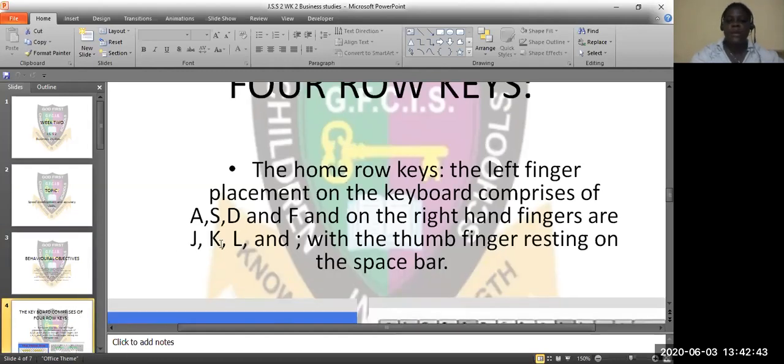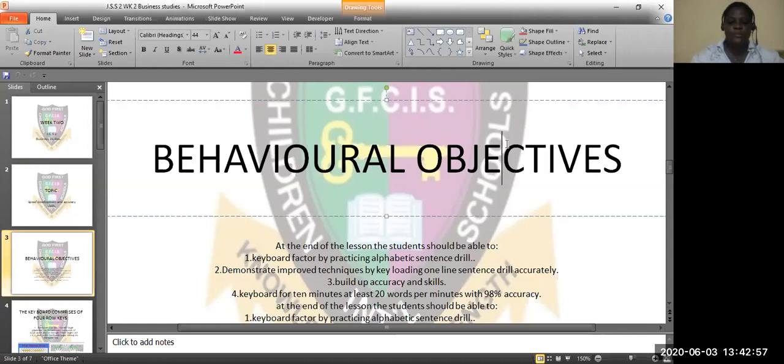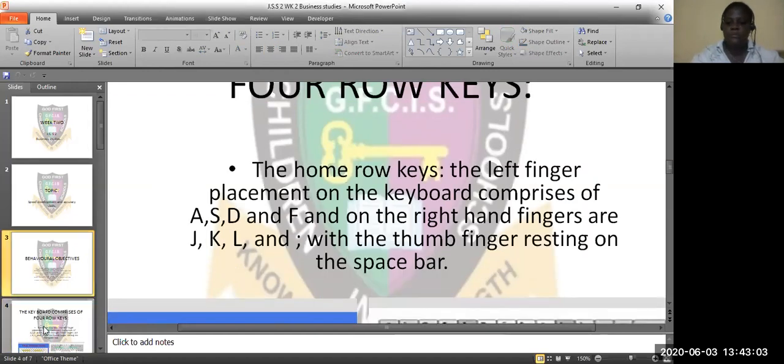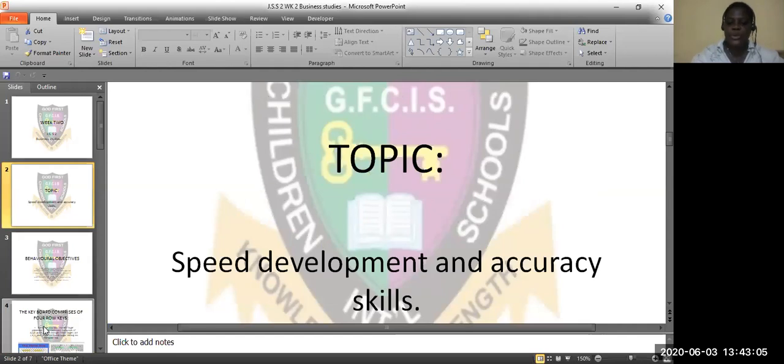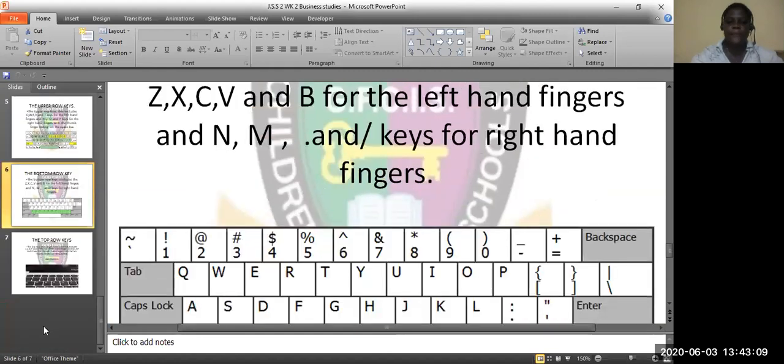The next one that we are going to look at is the behavioral objectives, which is you demonstrate how improved you are in the skills that you have done. Now, there are some types of the skills that you can do in the course of learning today's topic.